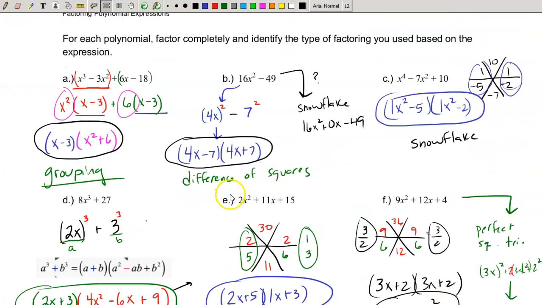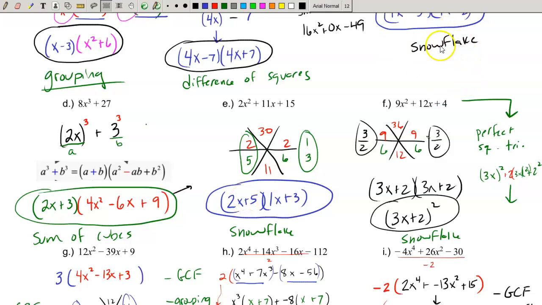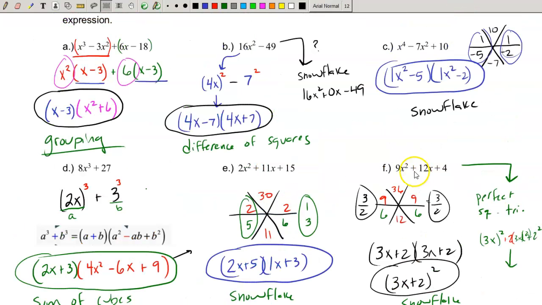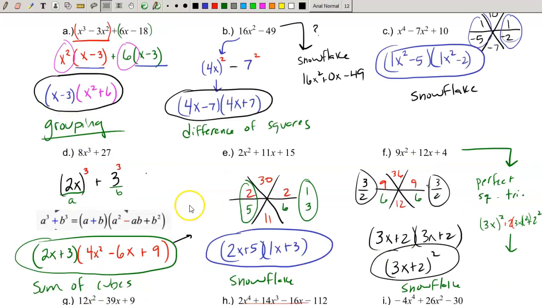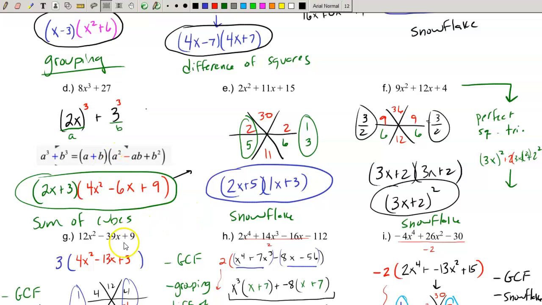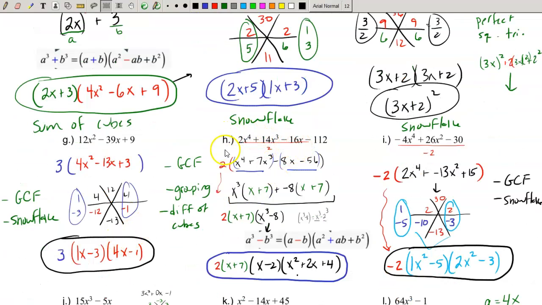After that, we use the traditional snowflake method for a lot of these problems. When it's a 3-term polynomial, the traditional snowflake method is going to work out all the time if it's factorable. If it's 4 terms, which is a little bit more rare, oftentimes, if it is factorable, you're going to use factor by grouping.